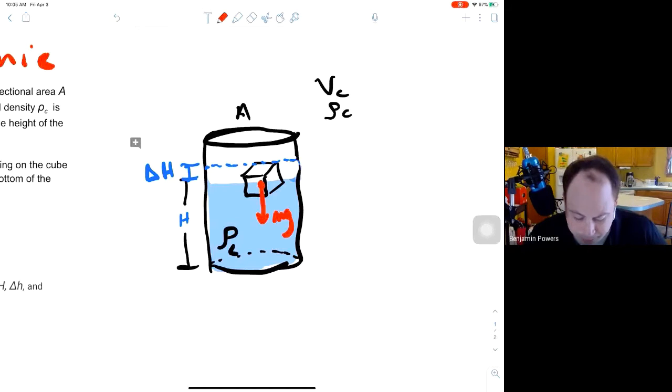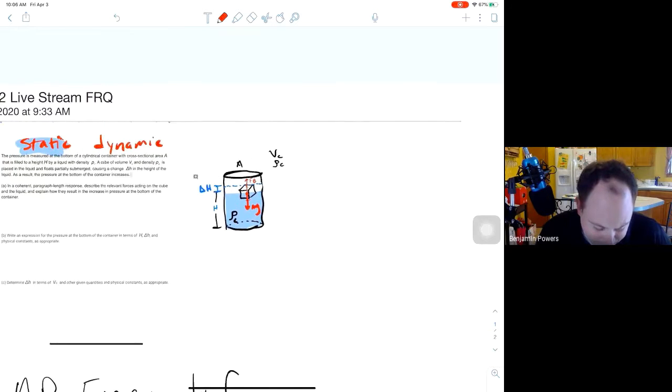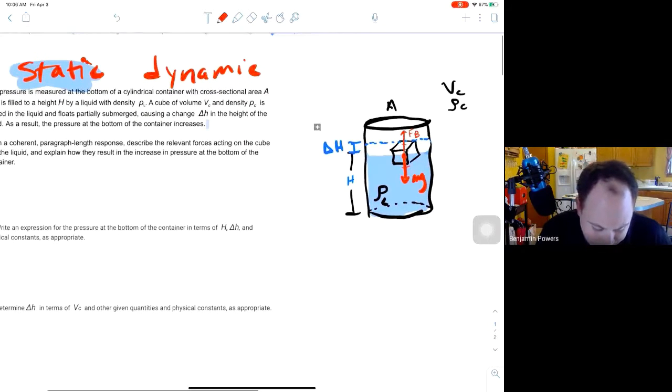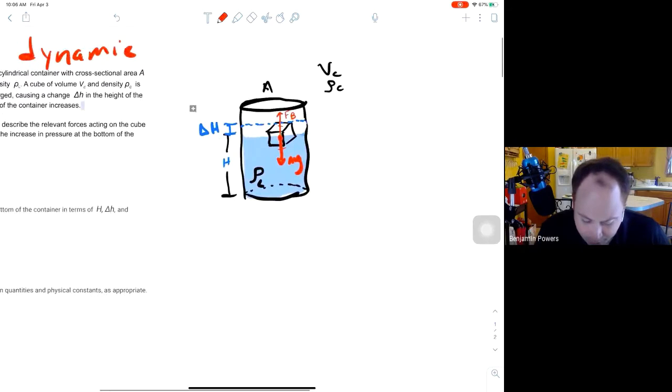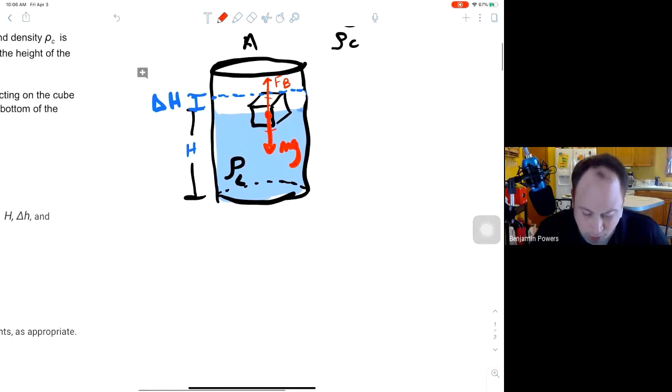So that has a weight downward, but it would also have a buoyancy force, we'll call it F of B, that would be matching that weight. That way it wouldn't be accelerating up or down. And so you'd have a buoyancy force up and a weight down. Then you have to explain the relevant forces acting on the liquid, and the liquid is going to have a weight to it.